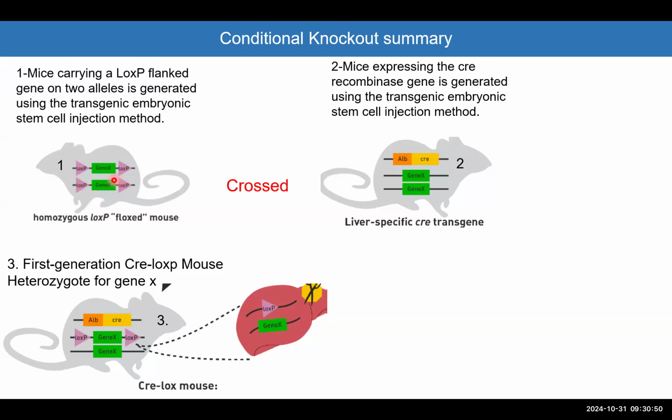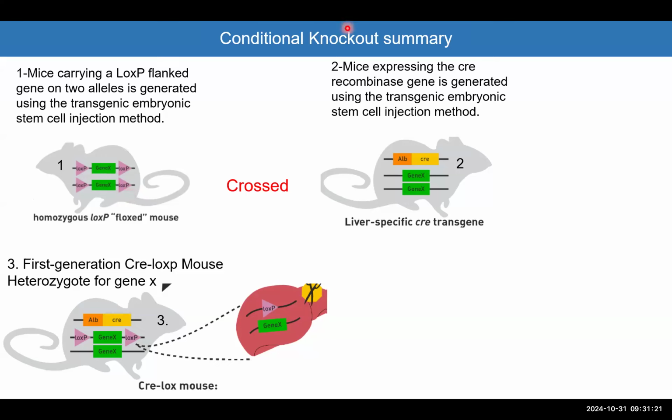The process I described for you for the general knockout is exactly the same for generating the LoxP site. So you have to generate the homozygote by multiple generations, at least generation 3 or 4, where both alleles of the gene are flanked with the LoxP site. So this is a homozygote LoxP site for the gene in question, whatever gene you are studying.